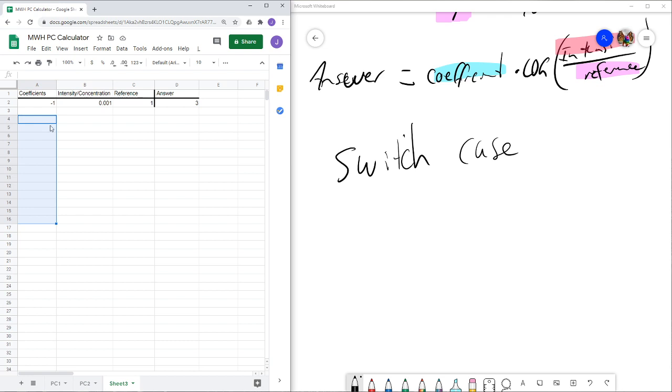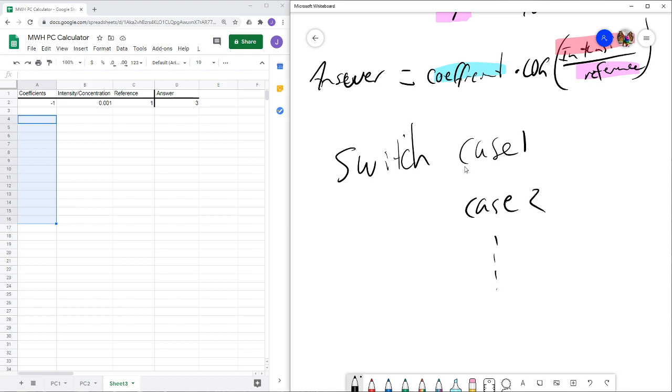Whatever cell you're putting this equation in, you give it a range to look at, and it's going to look for our numbers. And so you have these different cases, case 1, case 2, and so on.